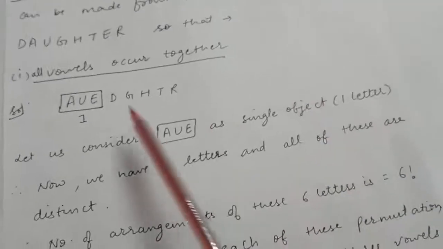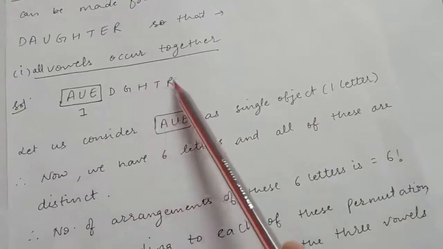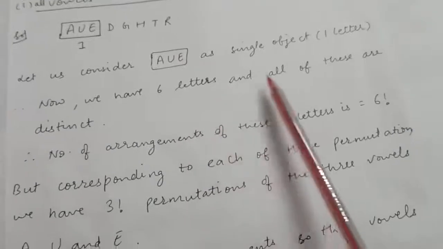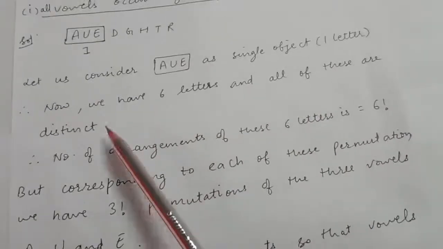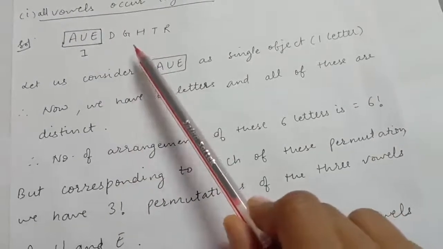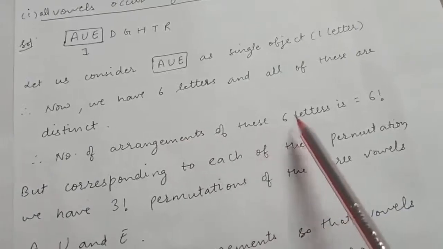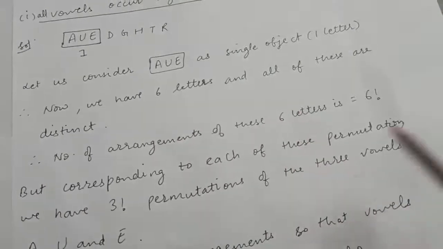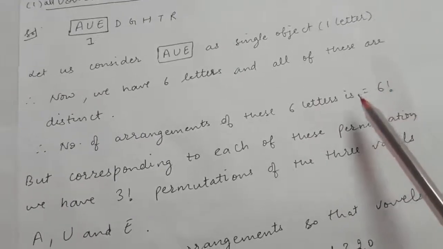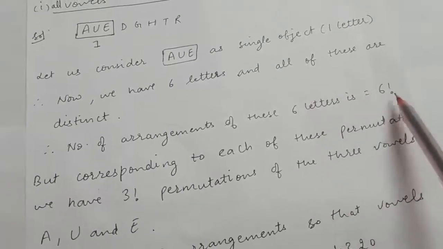Now in total we have 1, 2, 3, 4, 5, 6 letters, and all of these letters are distinct, right? Therefore the number of arrangements of these 6 letters will be 6P6, and I have told you that nPn is n factorial. So the 6 letters can be arranged in 6 factorial ways.